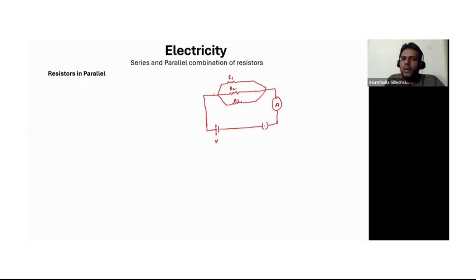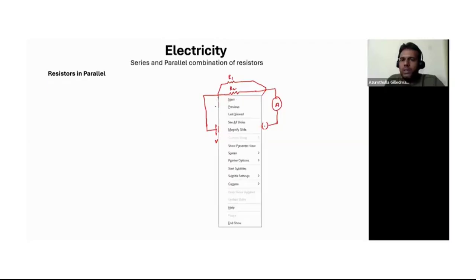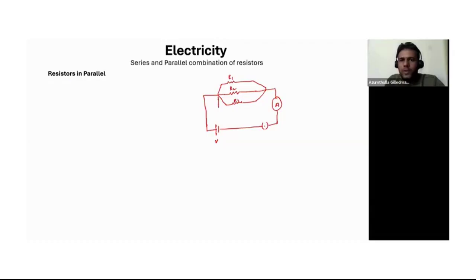Now here you have a voltmeter, sorry, you have a voltmeter which is connected at the terminals of this junction and this junction. Okay, so here I amount of current will flow. Here also I, but here at the branches, the current has to split.